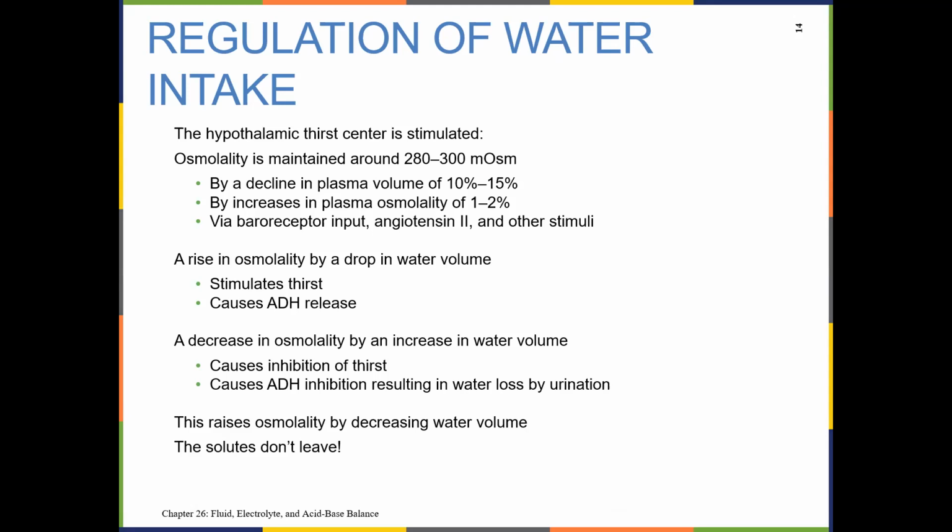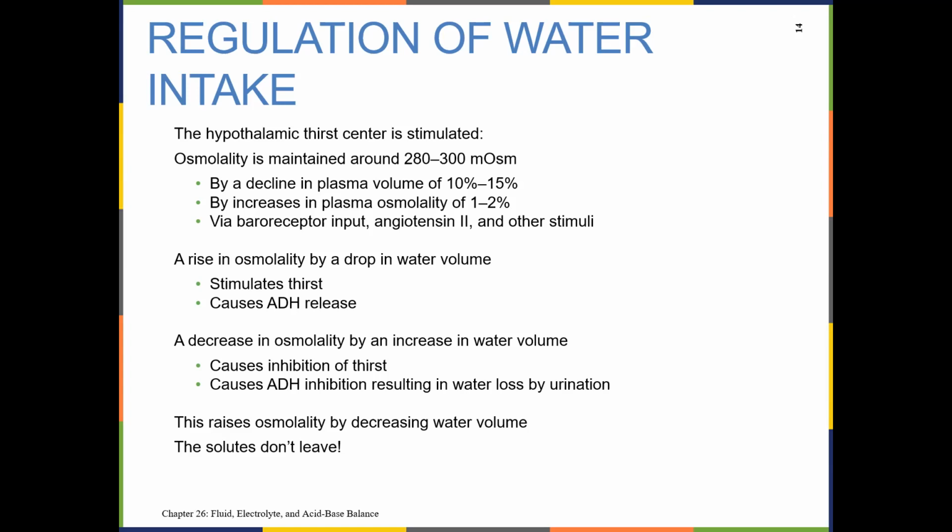Our thirst center in the hypothalamus will get stimulated if our plasma volume drops, if we lose water, because we're going to get saltier. If we lose water, our osmotic concentration goes up. And it doesn't have to go up very much, 1 or 2%.